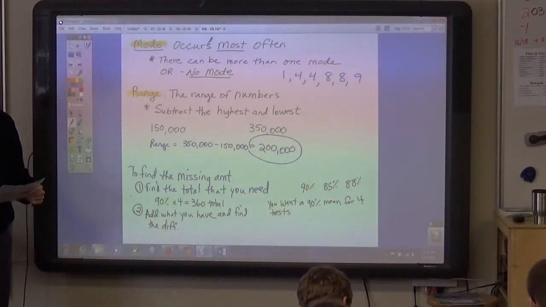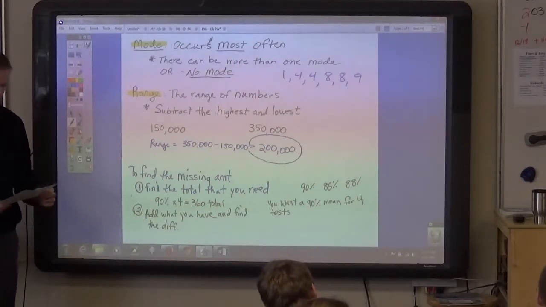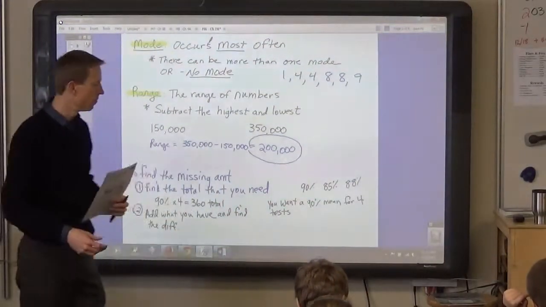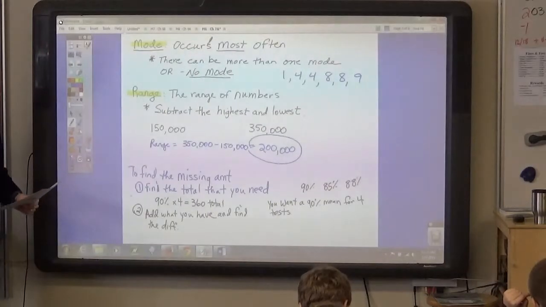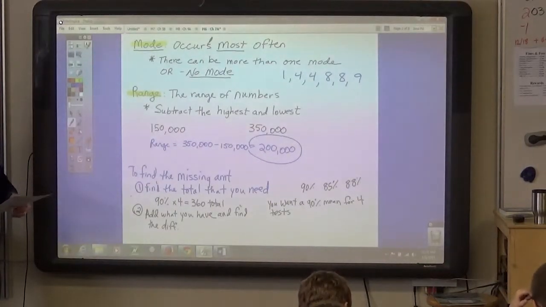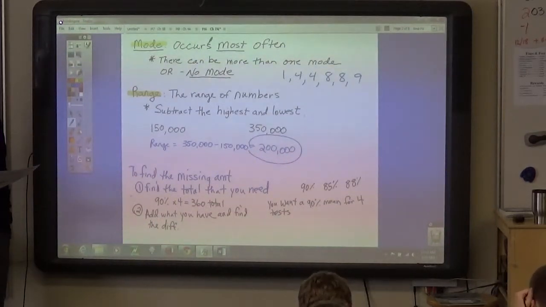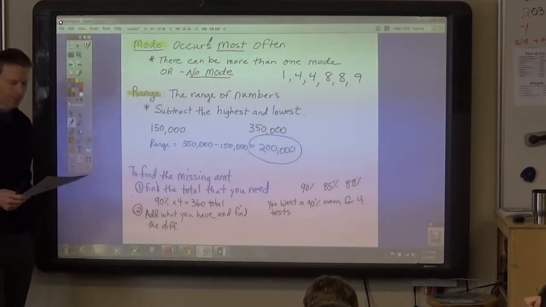So, on the back side, there's a question about finding the missing value. In other words, if you've taken 4 math tests, we'll just do 4.